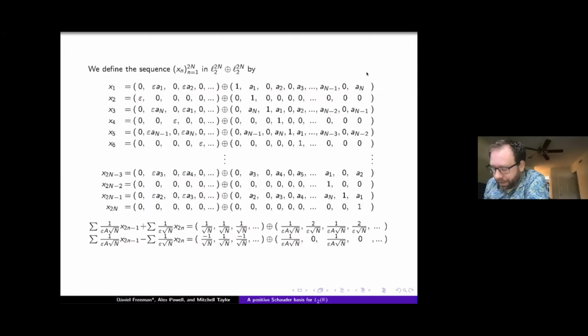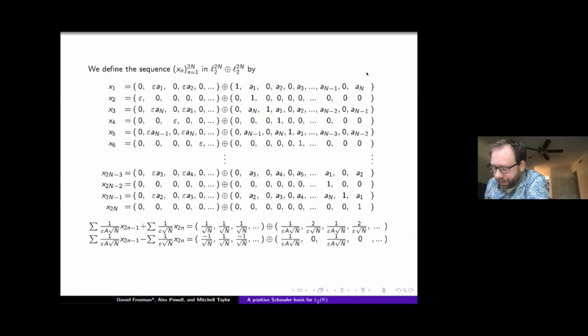What's going to happen is I have odd vectors and even vectors. The odd vectors are just going to be cyclical rotations of x1. So x3 is I shift the 1 over, I shift all of the aj sequence over, and same thing on the left, it just gets shifted around.